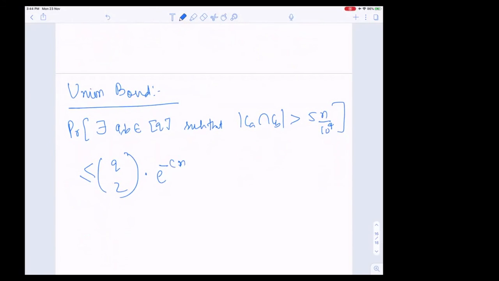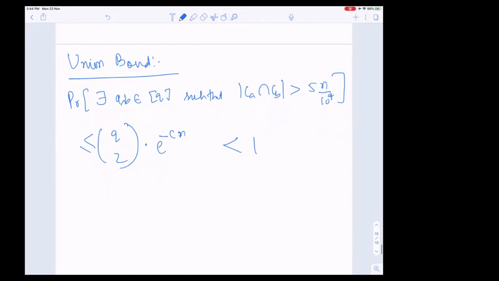Now suppose I want this to be less than or equal to 1. Q choose 2 is like Q squared, so Q squared times e to the power minus Cn should be at most 1, which implies Q squared is at most e to the power Cn, so Q is at most e to the power Cn over 2.